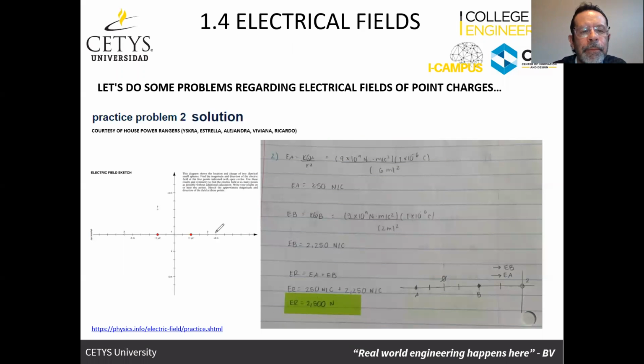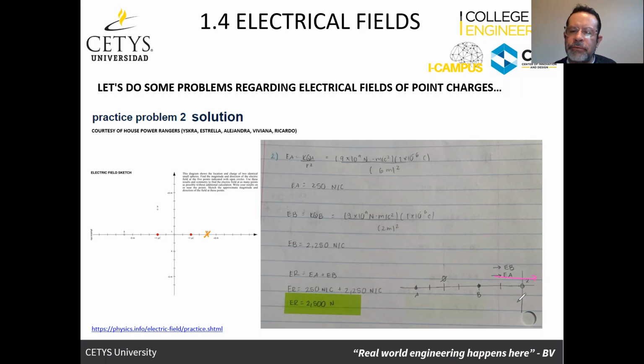And if it's located over there, we are going to have a resultant electrical field that has to do with the interaction of those two fields. So if we're located there, we are going to have one electrical field from EA pointing this way.